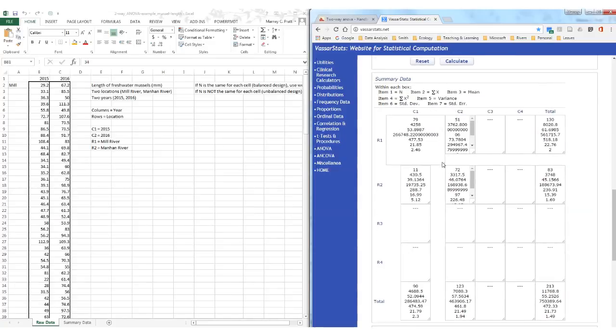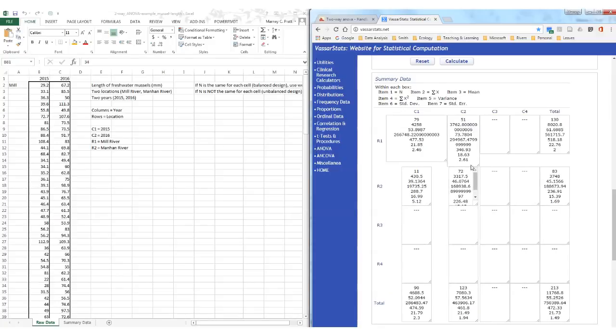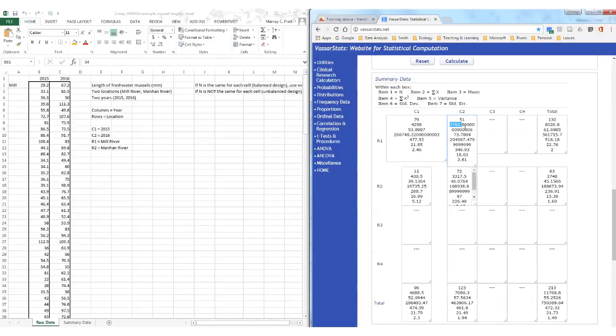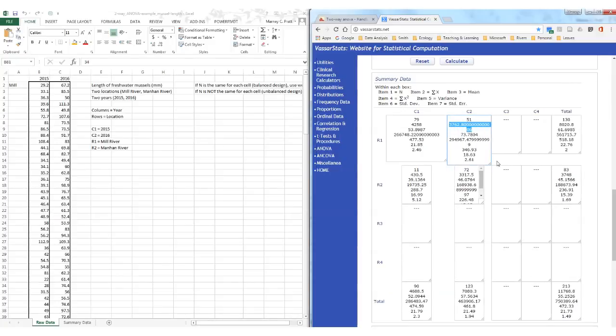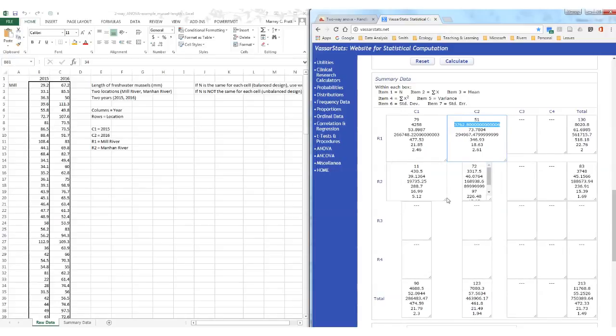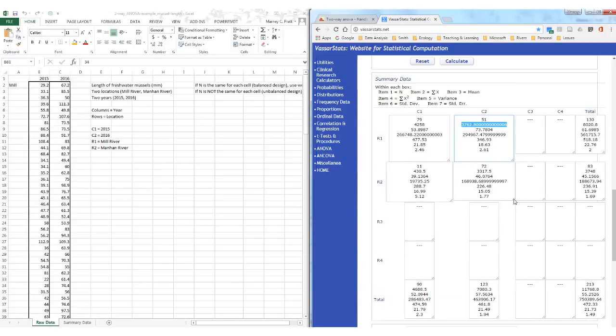First, you'll see in each of these cells, and you can expand them because this number goes across 2 rows, so I'm just going to expand these to make sure we can see the full data. These values in each cell represent these values up here. Item number 1 is the n, the number.